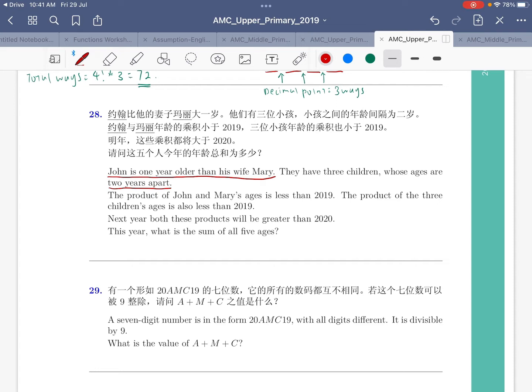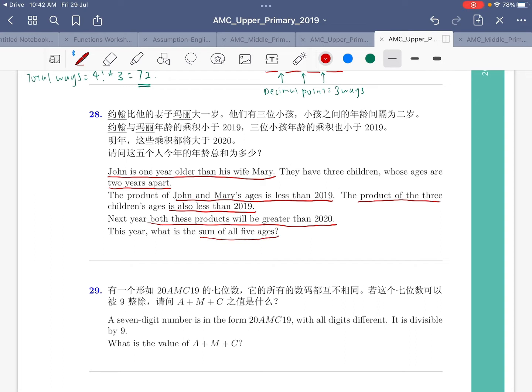Now, the product of John and Mary's ages is less than 2019, and the product of the 3 children's ages is also less than 2019. Next year, both these products will be greater than 2020. So this year, what is the sum of all 5 ages?